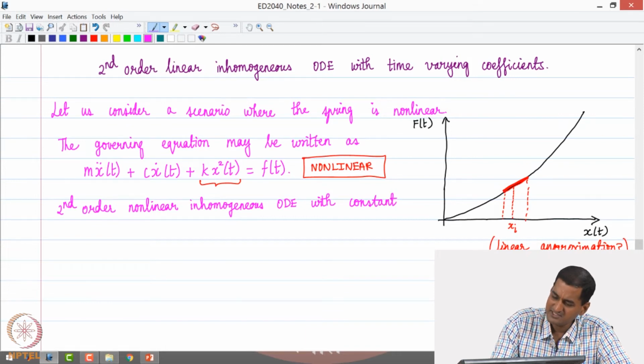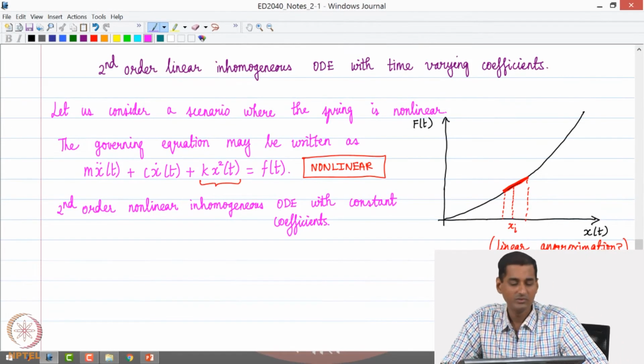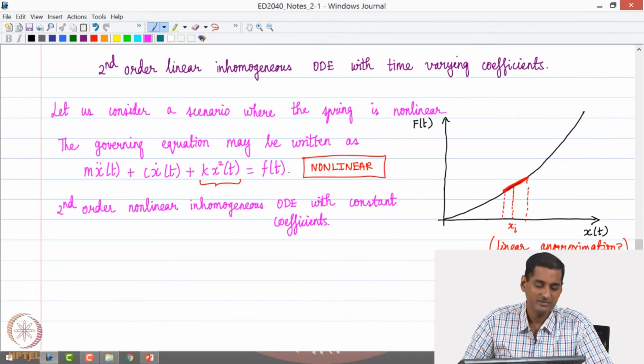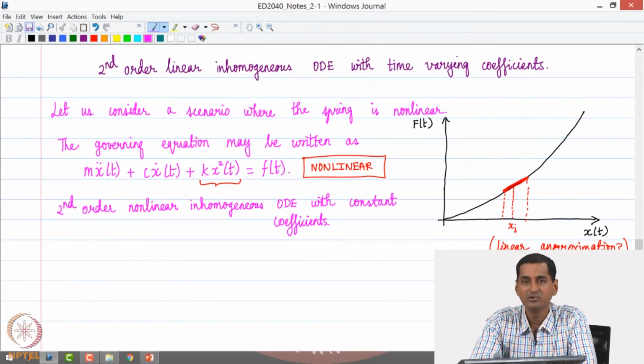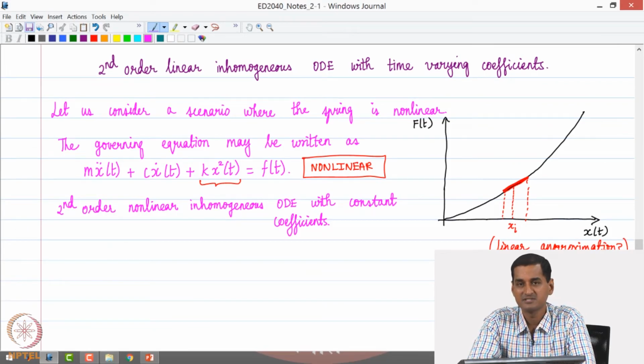We are just considering different examples to learn how the governing equations would change depending on the scenario. This is just to get a broad idea about the class of systems that we are studying.